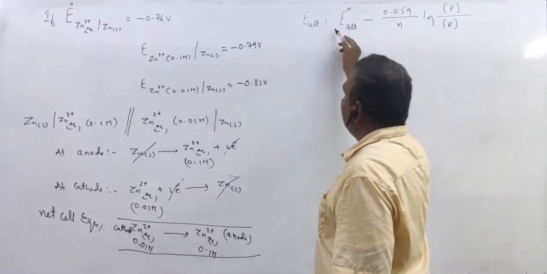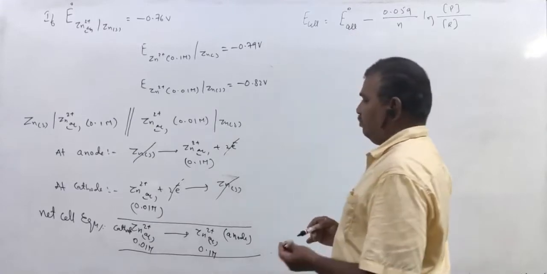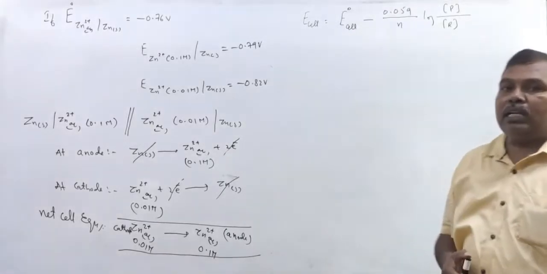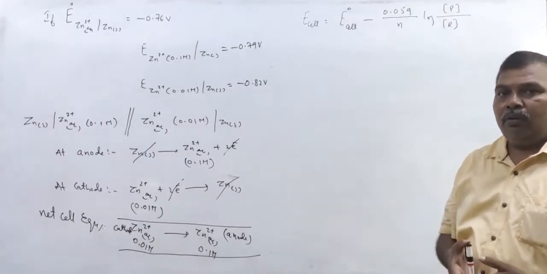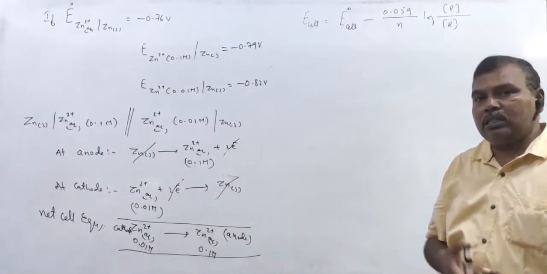See, E naught cell: what is the cathode in this cell? Zinc electrode. What is the anode in this cell?